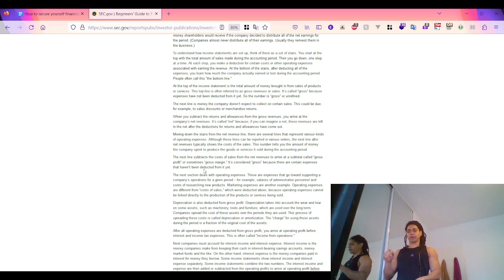So Investopedia mentioned that this section focuses again on how a company raises funds and pays back the creditors or investors through the capital markets.